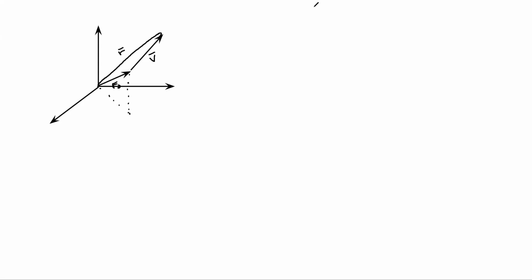And then you could add another v, which would take the line further out. And you could end up getting another vector that terminates there. And you could take vector v in the negative direction. And you could get an r that terminates there.